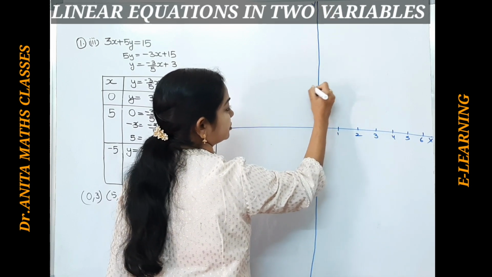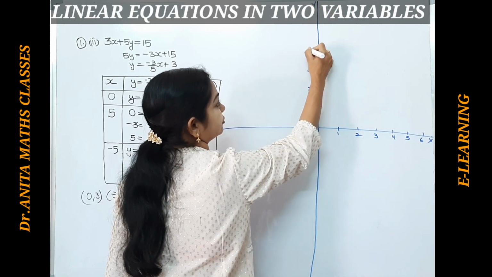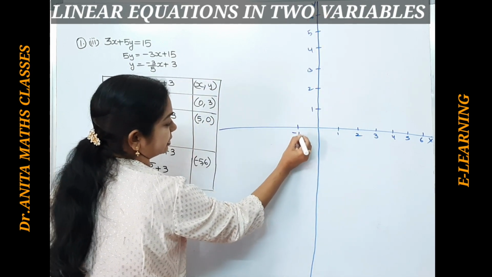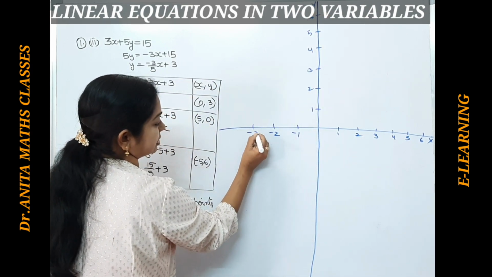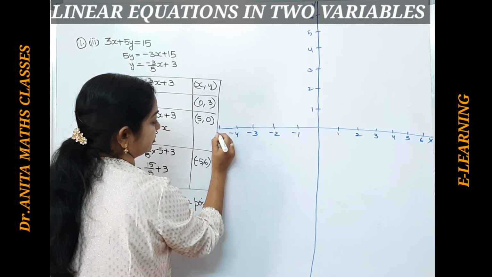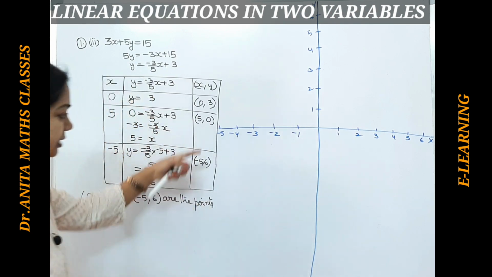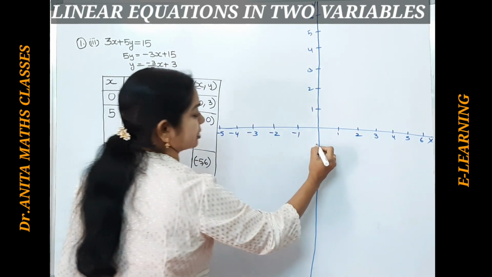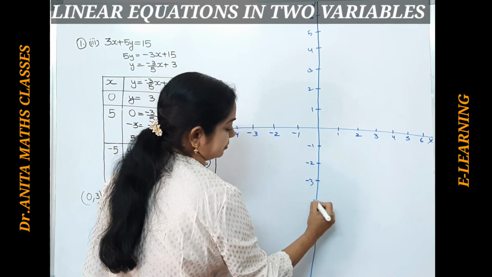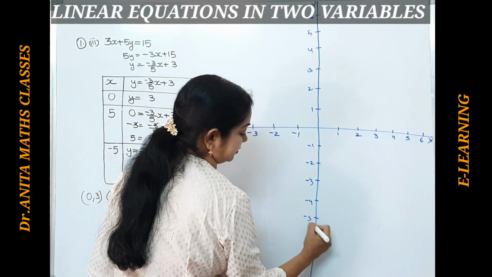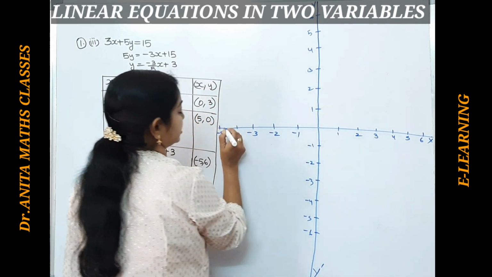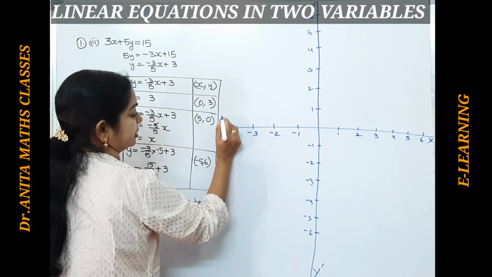So 1, 2, 3, 4, 5 and 6. Similar way, minus 1, minus 2, minus 3, minus 4 until here minus 5. Okay, can extend it here. Now this comes to minus 1, minus 2, minus 3, minus 4, minus 5 and minus 6. This is the negative y-axis. This is the negative x-axis, right?